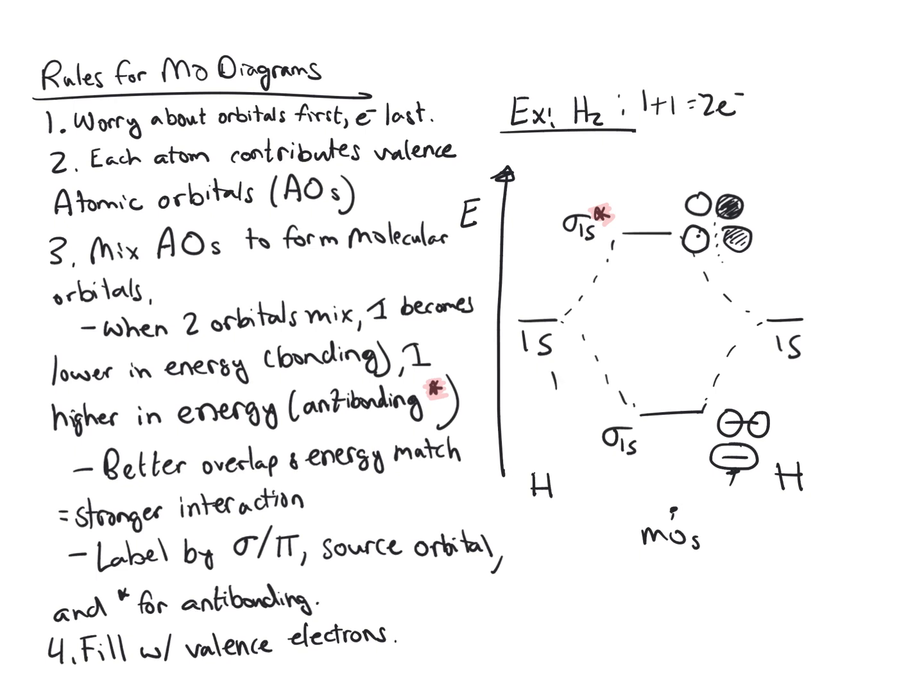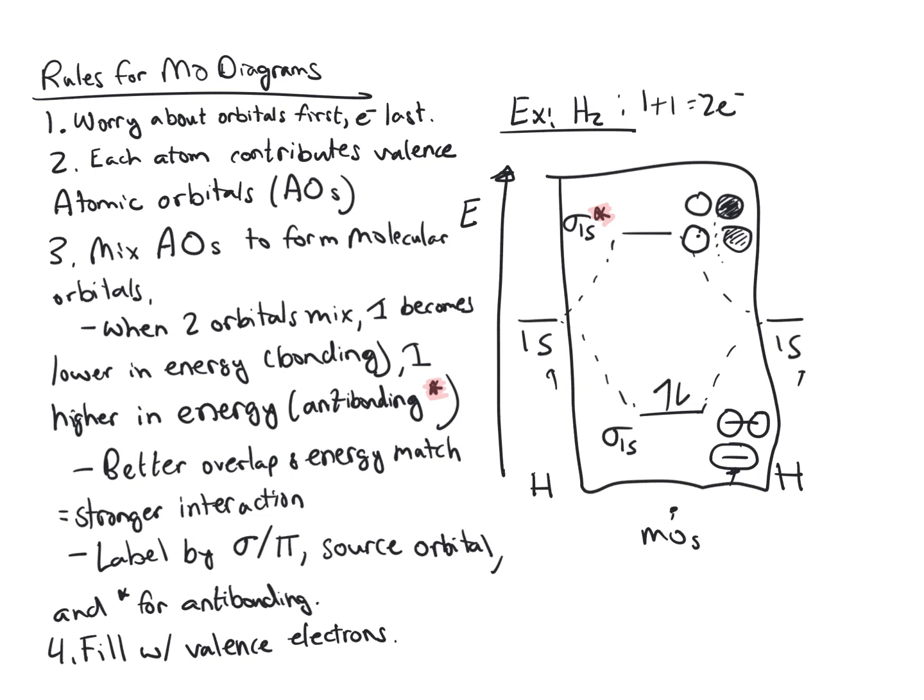Now, note these 1s orbitals on the sides are gone. The place I'm going to fill the electrons is only in these center molecular orbitals. The atomic orbitals that I used are now gone, and the only orbitals I have are the molecular orbitals. So I have two electrons. They'll go in the sigma 1s orbital. And that's the molecular orbital diagram for H2.